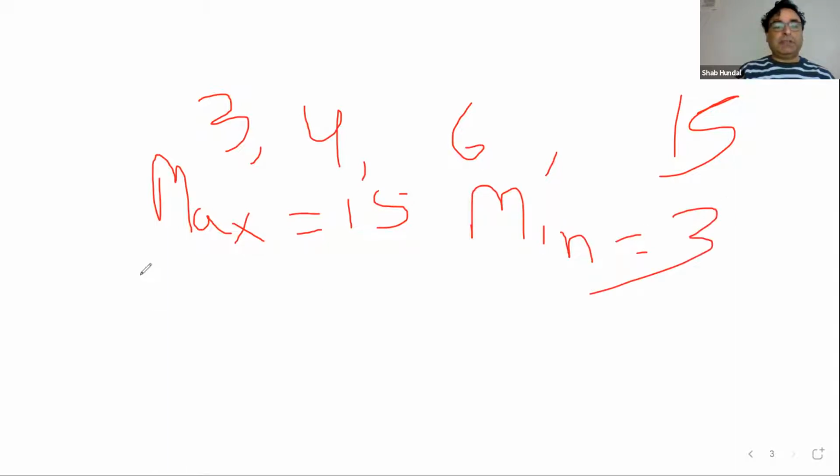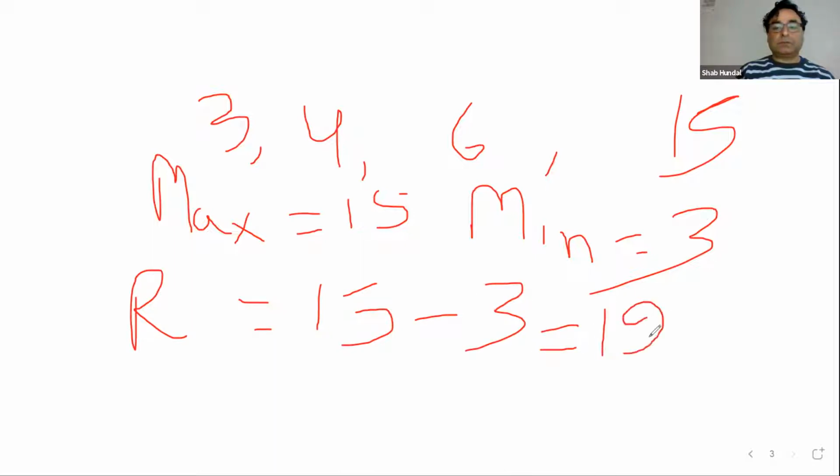And the range is max minus min, 12. So these are some customary things. In many cases, I would say that descriptive statistics in many ways are very customary in nature. So they don't have much.